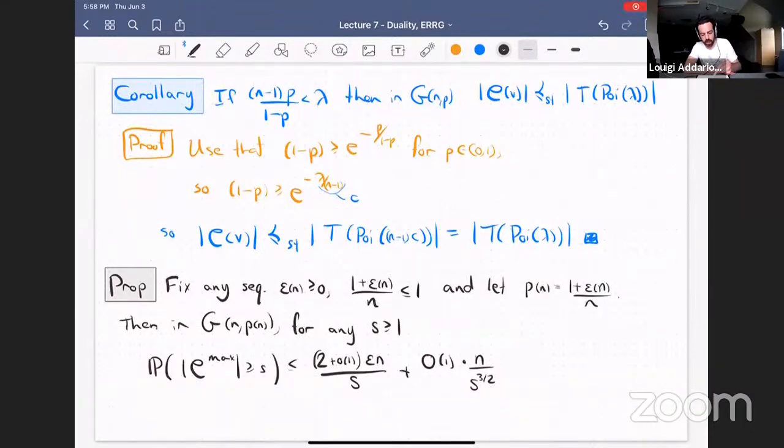The proof of this isn't long, but I'm not going to try to fit it into 2 minutes. I'll just say basically what's happening is that the coupling tells us that one of two things should happen if this size is going to be large. Either this tree was infinite or it was finite but large. This term on the right corresponds to the tree being infinite, and this term corresponds to it being finite but large.